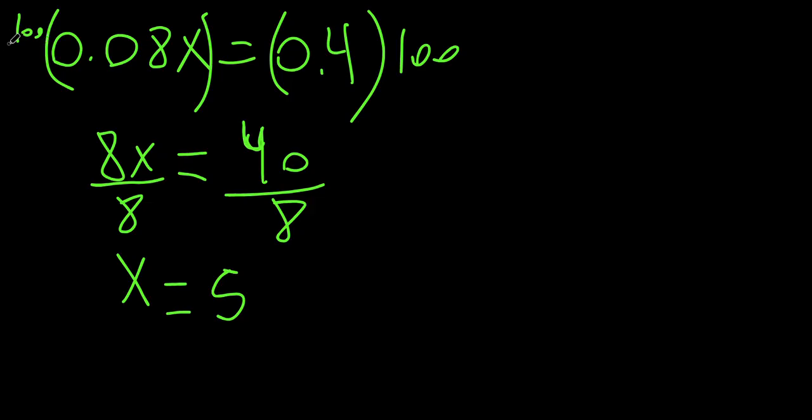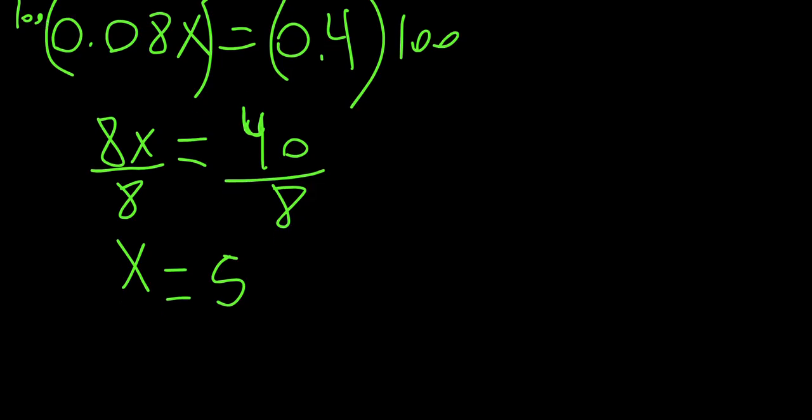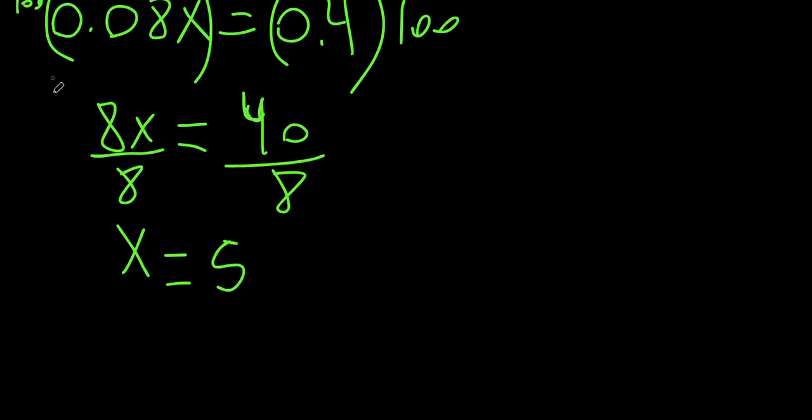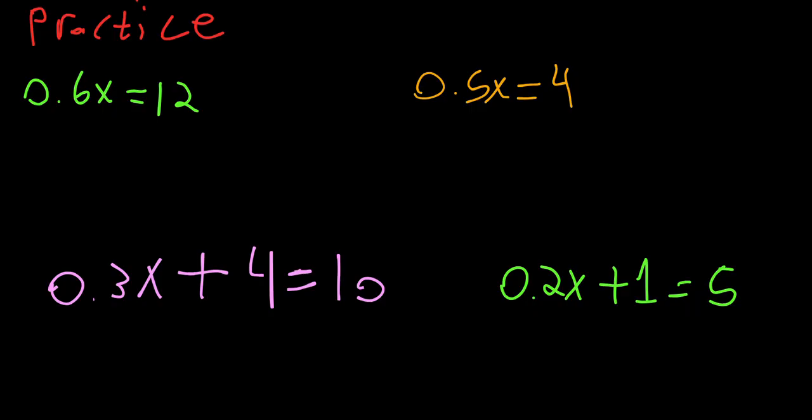Okay? Let's move down, and as always, do a set of practice problems. So here are 4 questions with decimals. We have decimals added to whole numbers, and actually let's add one more on here.